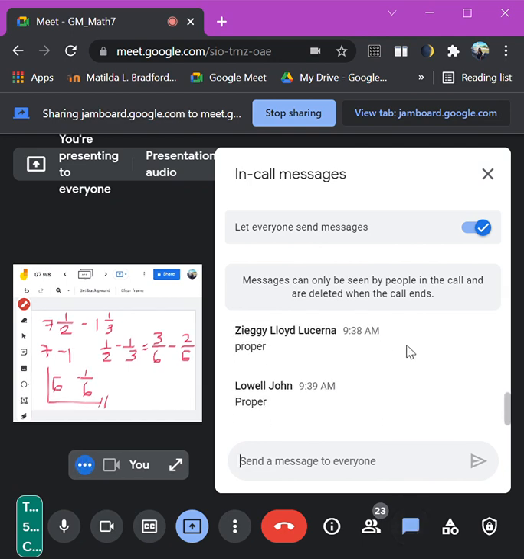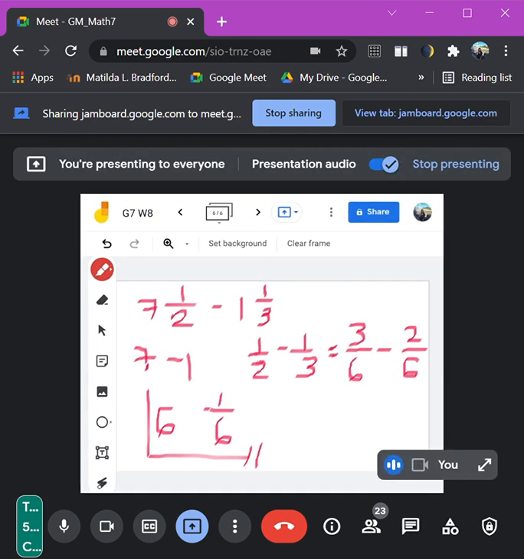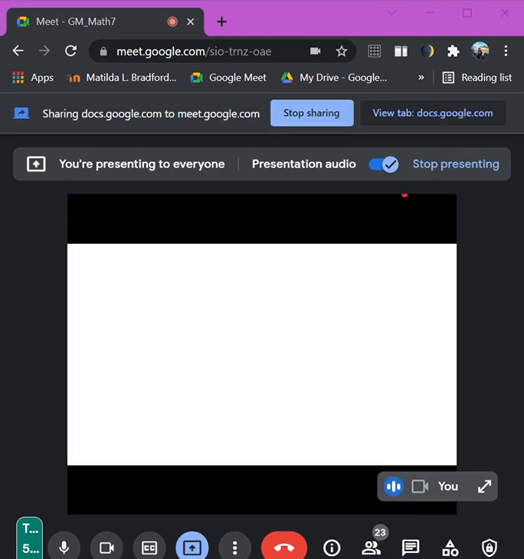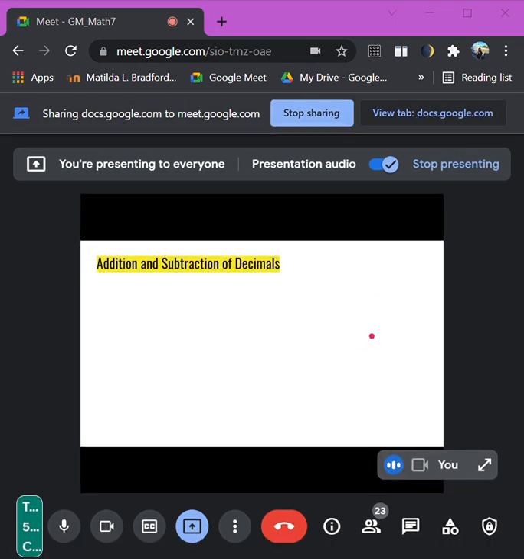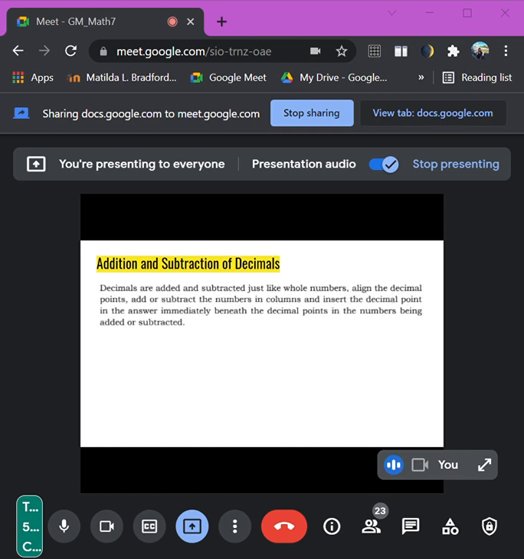Okay? Sige. Now, this time we are going to have our addition and subtraction of decimals. Earlier it was fractions, this time we are going to have decimals. In decimals, adding and subtracting decimals are just like whole numbers.